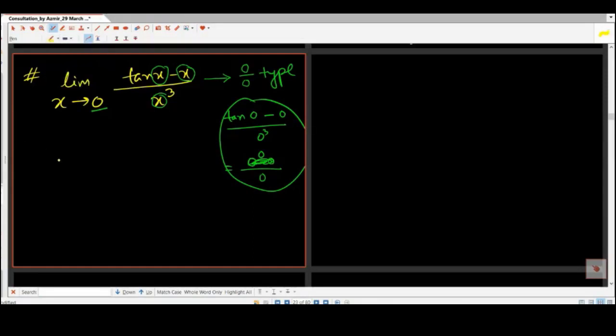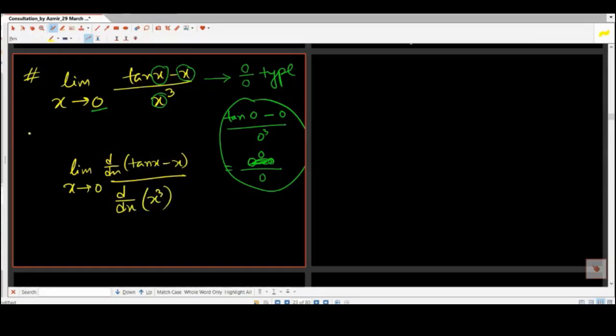So that means we have to differentiate tangent of x minus x, and we have to differentiate x cubed. So we are using L'Hopital's rule. So limit x tends to 0.